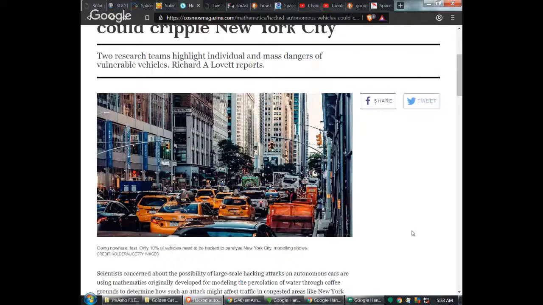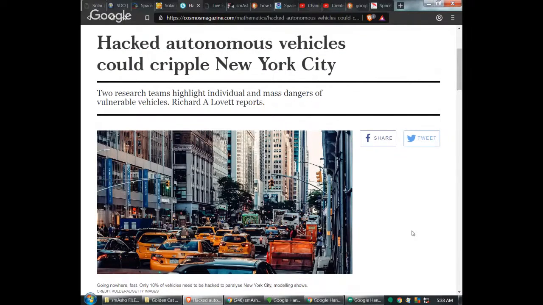We already had engines that were over 90% efficient in the 1980s. So, all right, but I digress. It's an article about how autonomous vehicles can be hacked, and that doesn't sound particularly delightful to me.